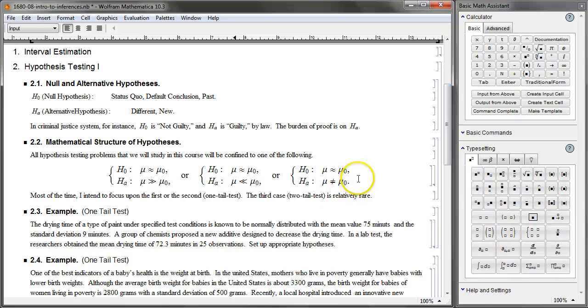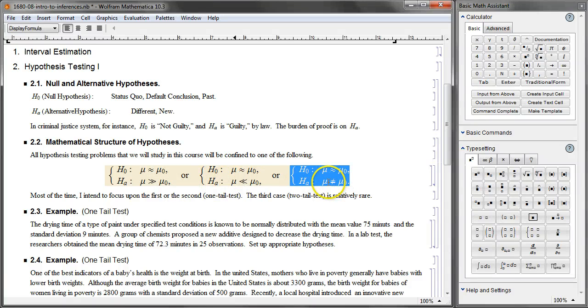Okay, in short, we talked about the mathematical structure of hypotheses, and here they are, and please remember these. This is the starting point of hypothesis testing, which is arguably the most important topic for the entire semester. The null is approximate equal, and the alternative hypothesis is usually significantly bigger or significantly less. In some cases, it is a difference or not, but that's rare.